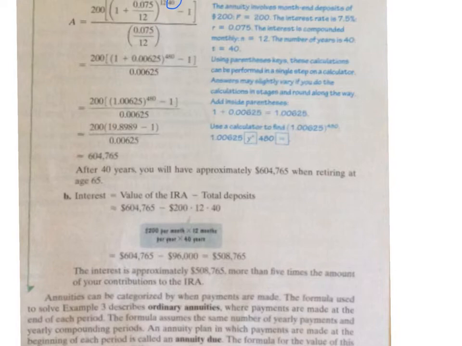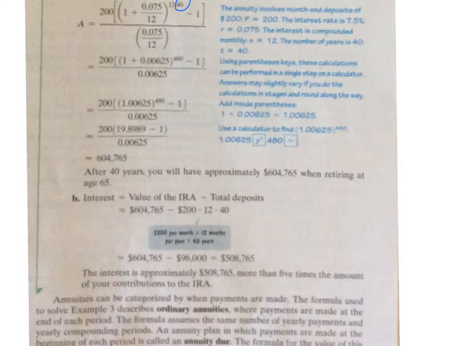Here's the value of the IRA, minus your total deposits: $200 times 12 months, and times 40 because it's after 40 years, from 25 to 65. So if you would save $200 every month for 40 years in a shoebox, it would be $96,000, which is not too bad.